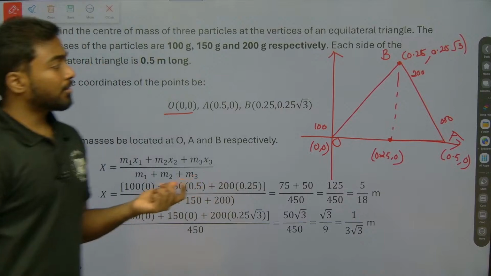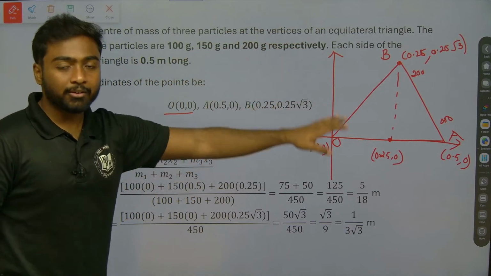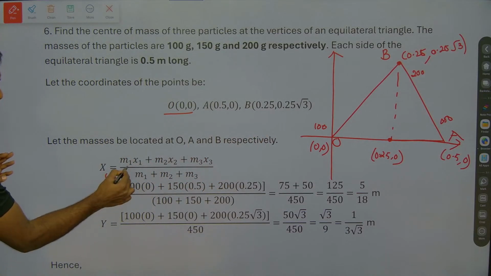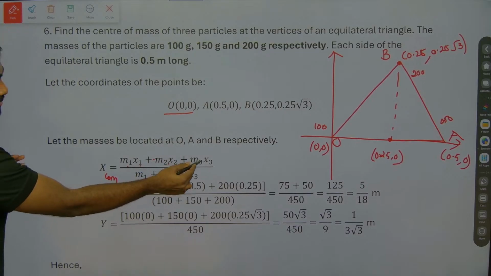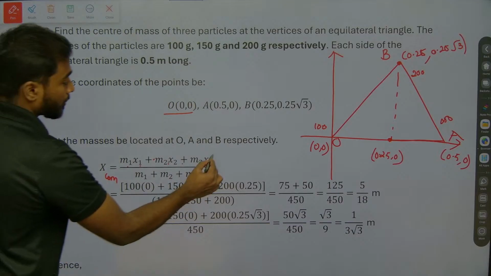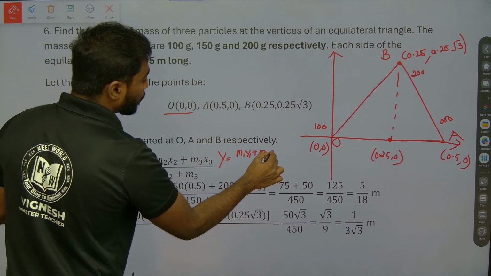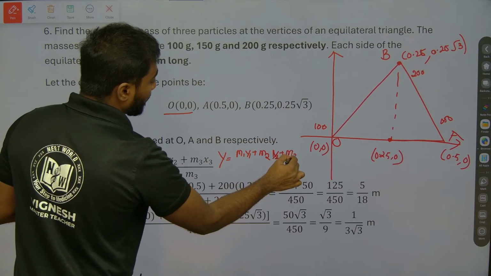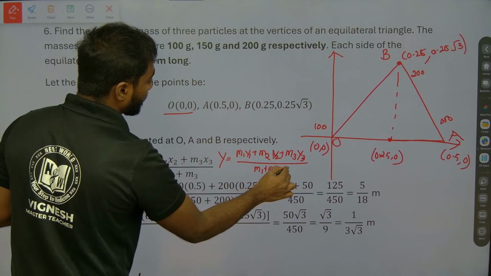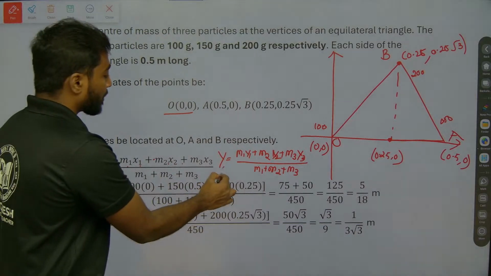Now we need to find it for the x axis as well as the y axis. So x center of mass is m1 x1 plus m2 x2 plus m3 x3 divided by m1 plus m2 plus m3. Similarly y will be m1 y1 plus m2 y2 plus m3 y3 divided by m1 plus m2 plus m3. Okay, this is the center of mass in x and y.